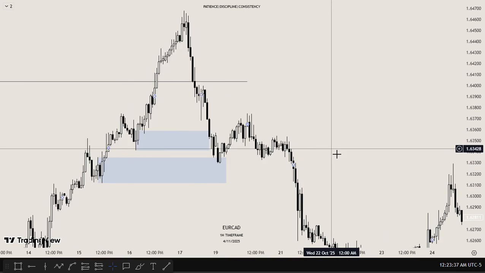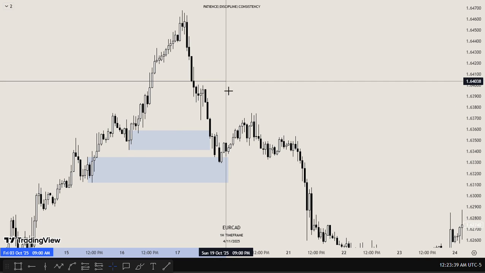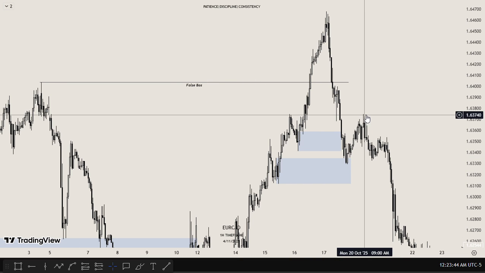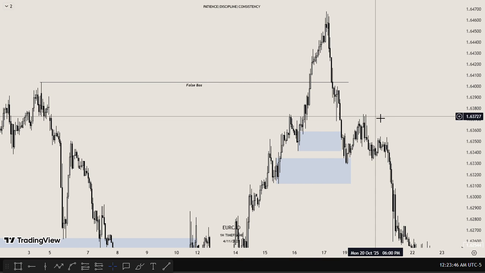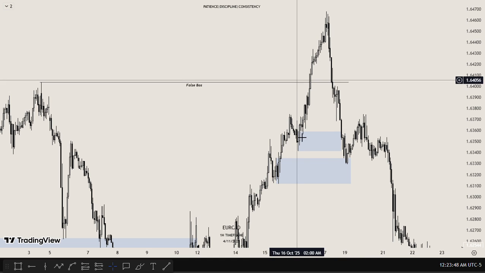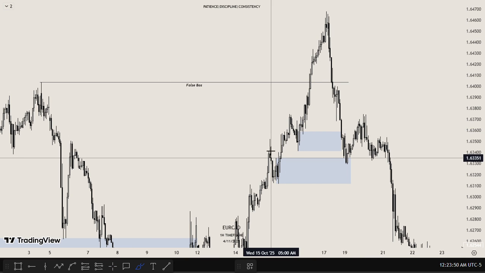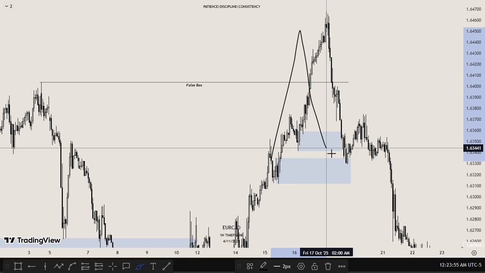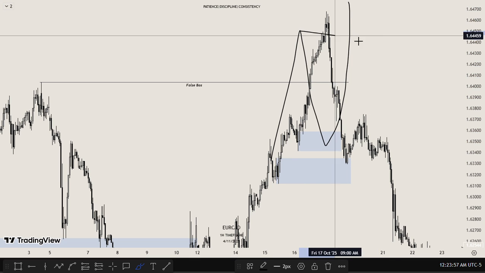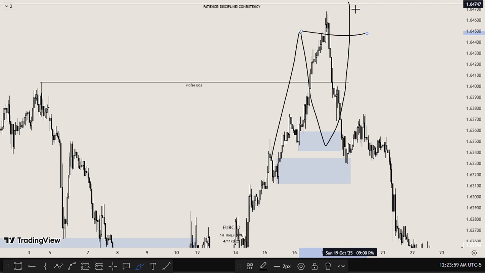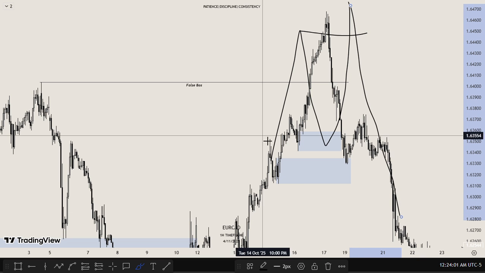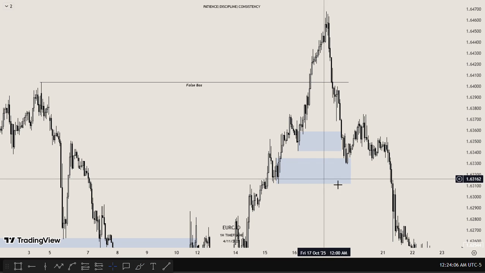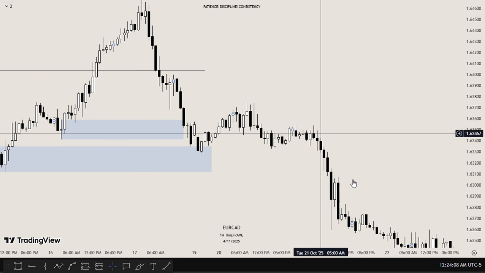So this is our trap move to the upside, because bias induced. So what do retail traders want to see? We induce bias, then we come back to another block, then buy again to the highs. But what we do here is the market goes all the way down, taking out the liquidity of the buyers.